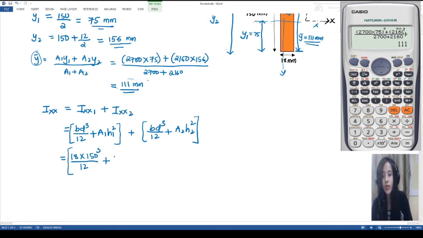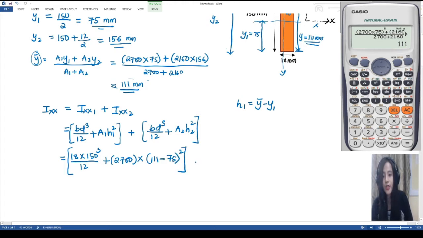Area 1 was 2700 into H1. H1 will be equal to y bar minus y1. So how much is my y bar? Y bar is equal to 111, and y1 was 75. So I have 75 square.